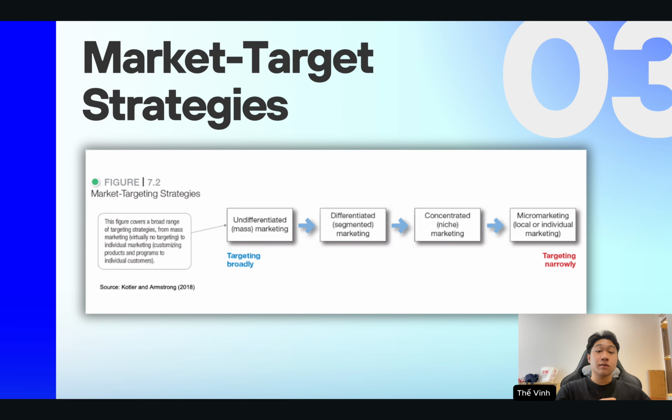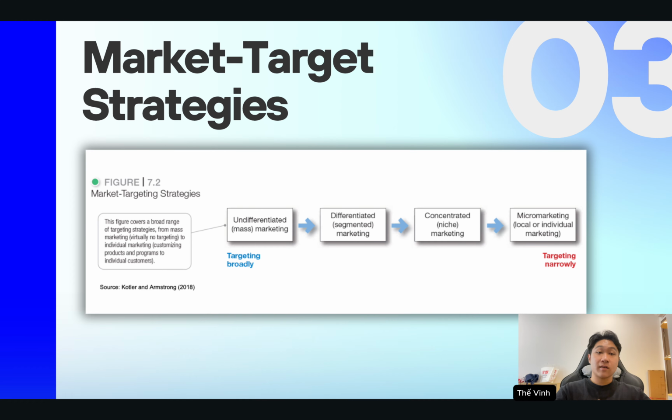Then the company chooses a targeting strategy. There are four main strategies. First, undifferentiated marketing, or mass marketing, which is offering one product for everyone. The second one is differentiated marketing, which develops separate offers for multiple segments.